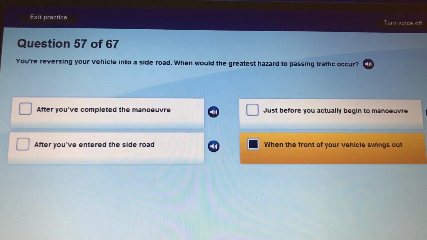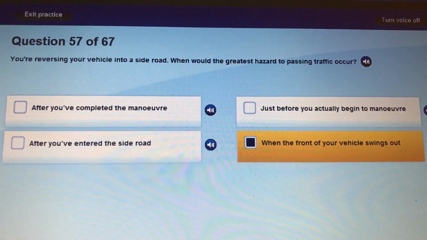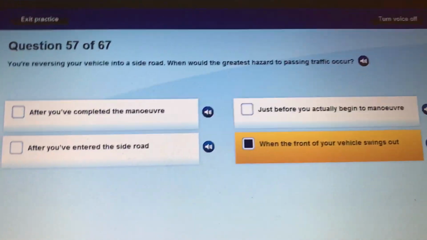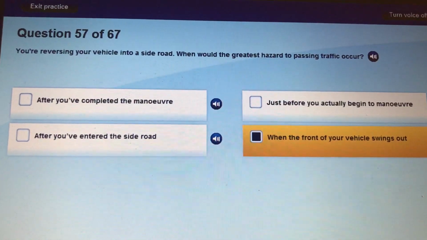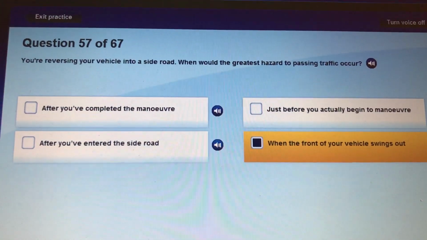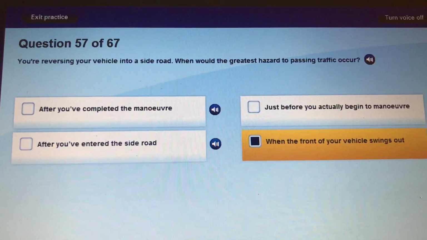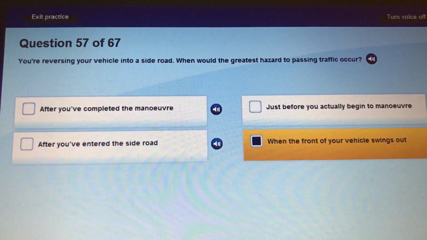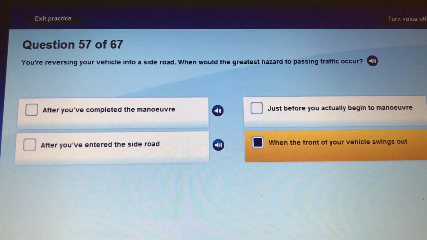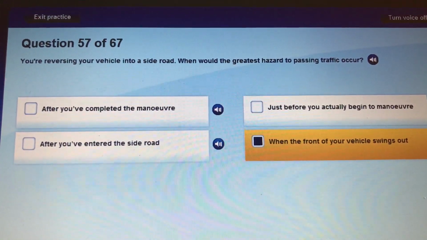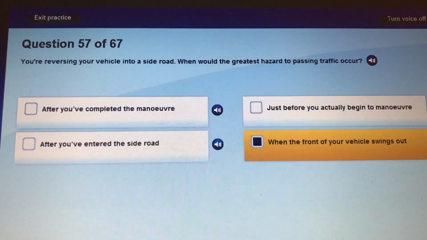The front of your vehicle swings out and become hazard for other road users. If you do not understand how to reverse, you should pay fee to your instructor and book driving lesson. And your driving instructor will teach you how to reverse.